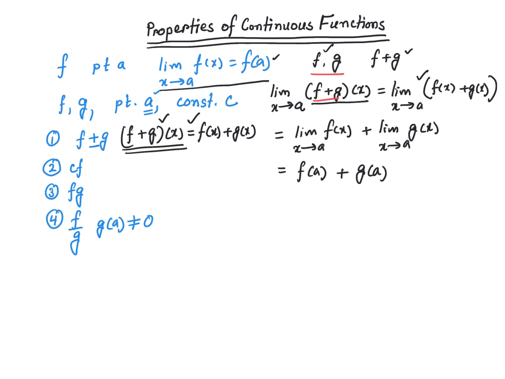That means the limit as x approaches A of (f plus g) of x must be equal to f of A plus g of A. Similarly, using the minus sign, you could do the same for subtraction. So that takes care of this.